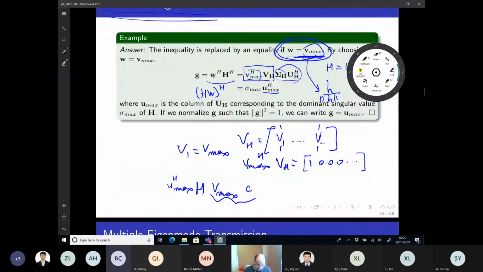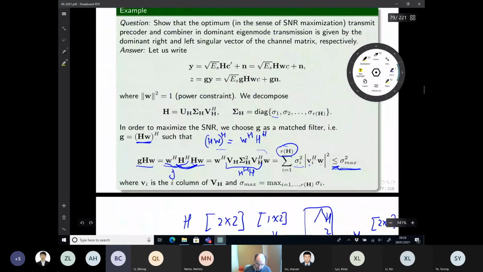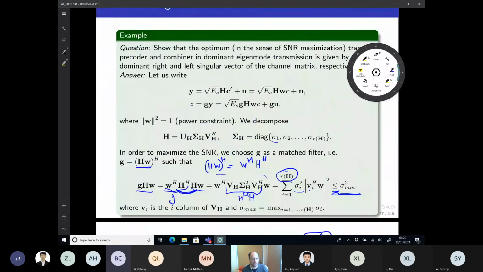Right, so can we do something better than that? This is interesting to maximize the SNR. But you could argue, yes, but there is something we don't make use of here. Any idea? Right, we transmit along the dominant eigenmodes, right?